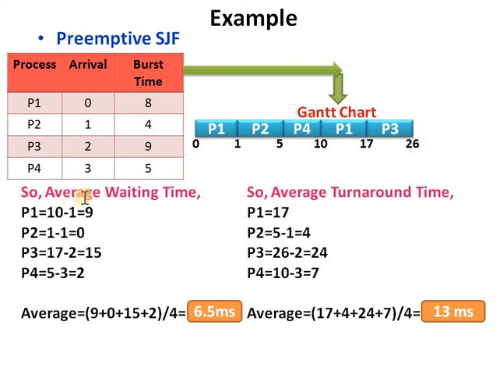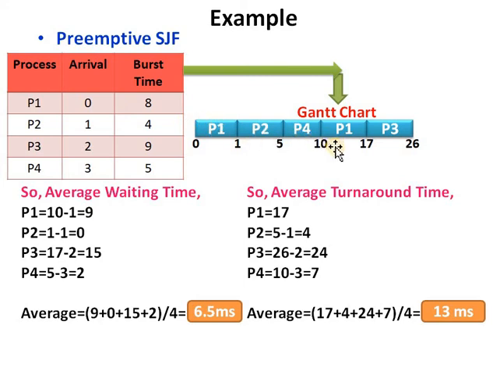Let's calculate the average waiting time and average turnaround time for the processes. We know how to calculate the waiting time. Waiting time is equal to starting time minus arrival time. So, what is the starting time for the process P1?